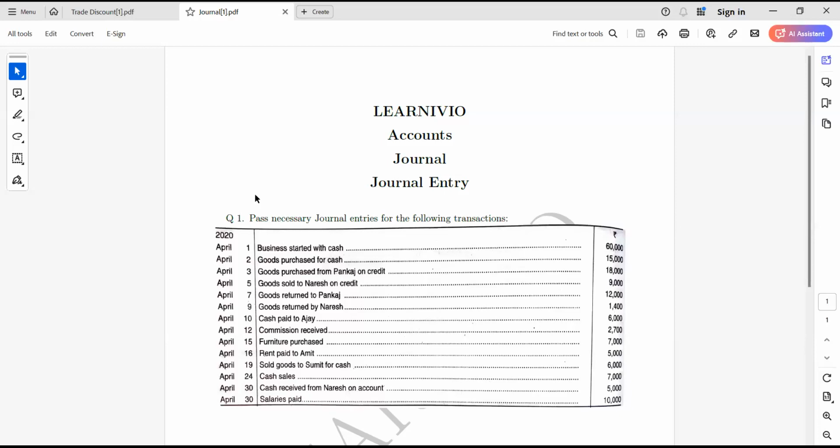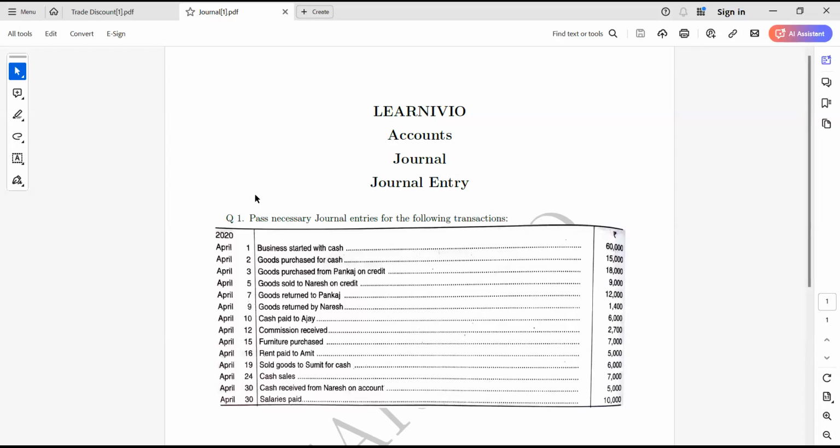Cash account debit to salary account. Salary paid means cash is going out. Sorry, it will be salary debit to cash. I was only following the nominal account rule, so it went wrong, and I forgot the real account.